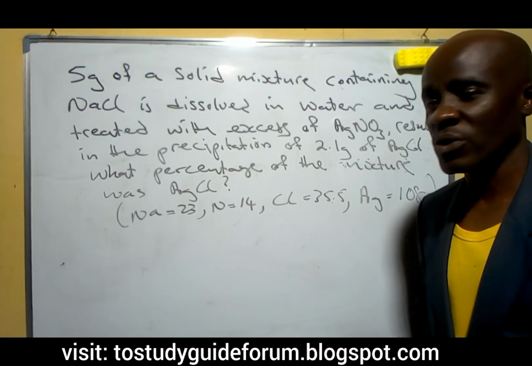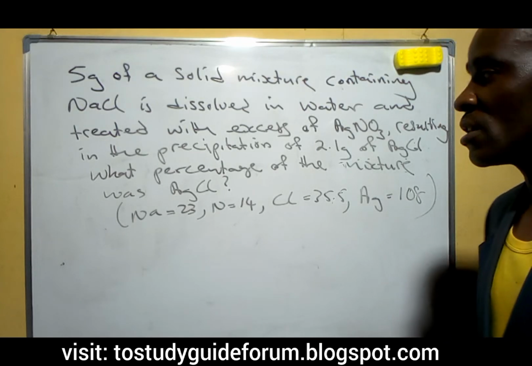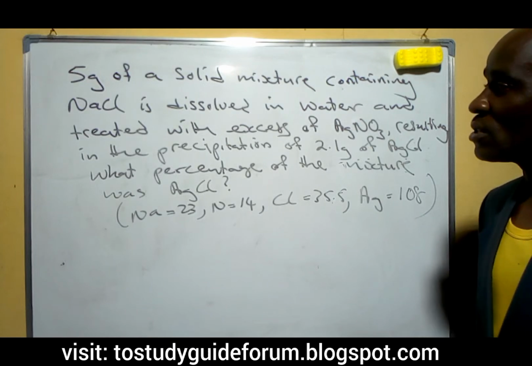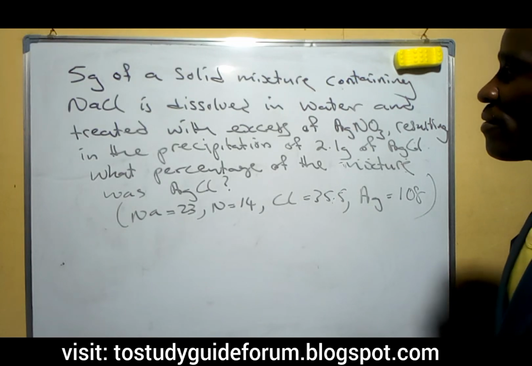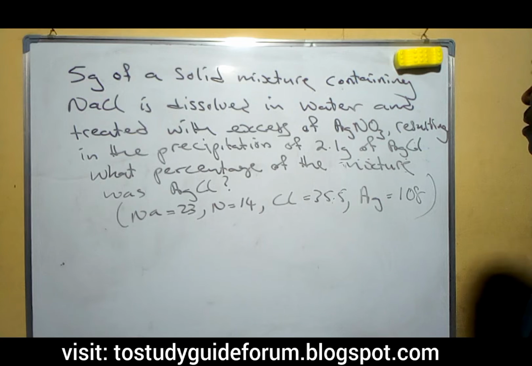And in this moment, we are going to look at another question, and that has to do with stoichiometry. The question says 5 grams of a solid mixture containing sodium chloride is dissolved in water and treated with excess silver nitrate, resulting in precipitation of 2.1 grams of silver chloride.